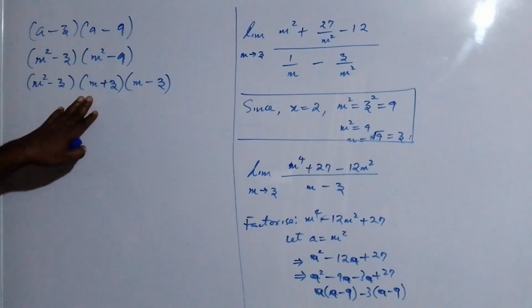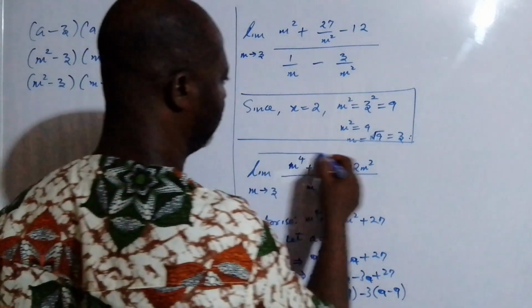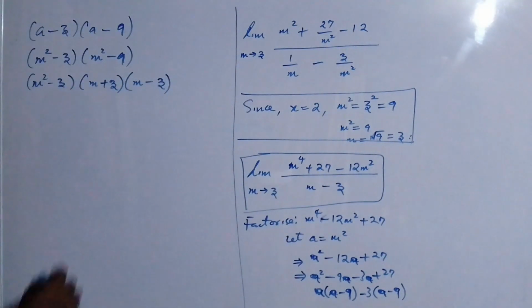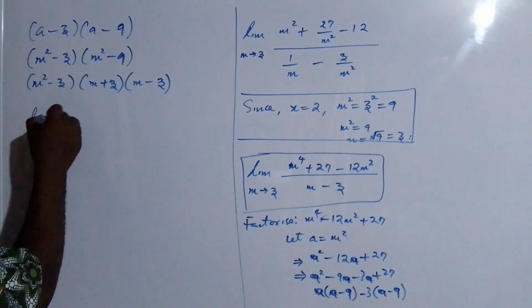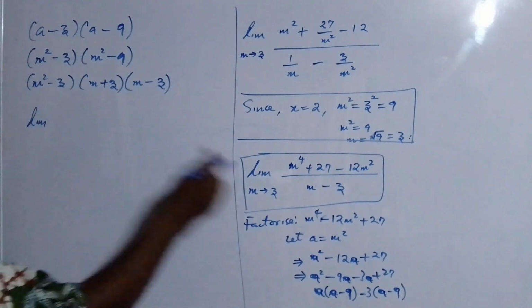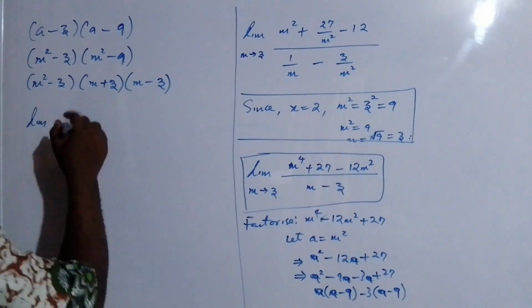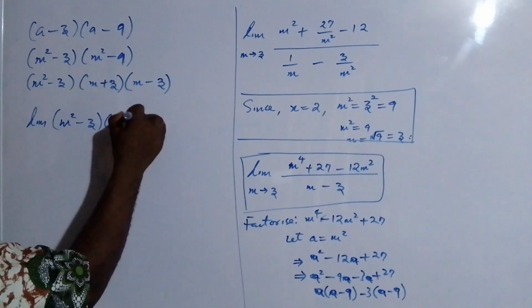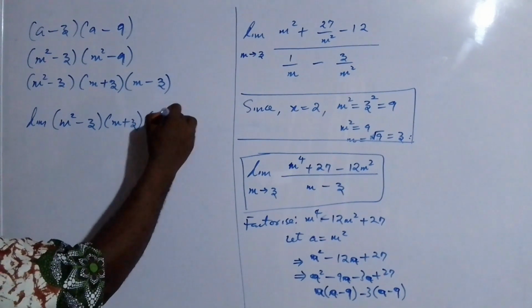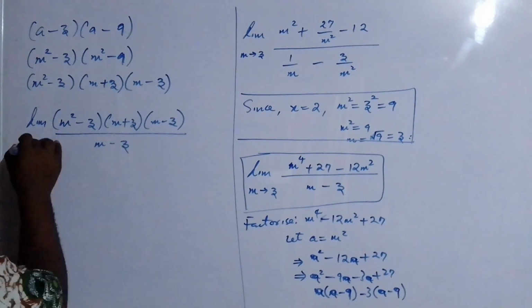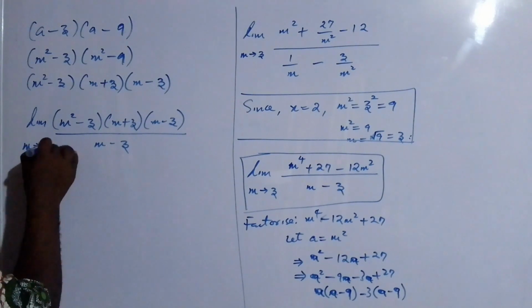So the whole of this numerator now will become, inside the limit, m squared minus 3 times m plus 3 times m minus 3, all over m minus 3, as m approaches 3.